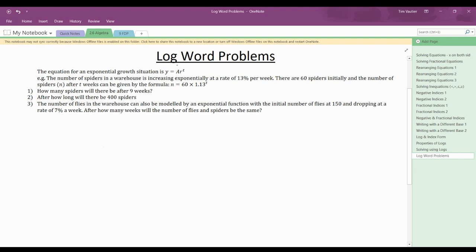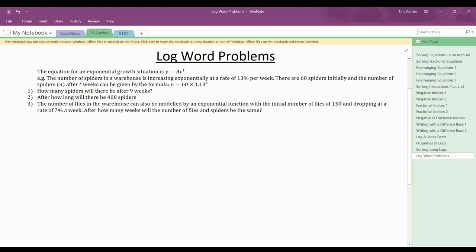Now, we have a form that we can write exponential problems in, where y equals a times r to the power of t. A is the starting amount, so there are 60 spiders initially, which is why we've got 60 here.